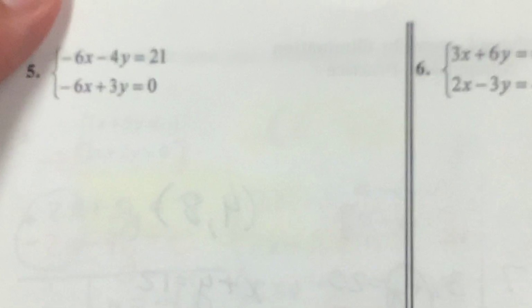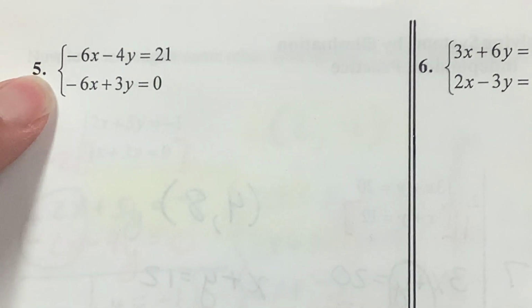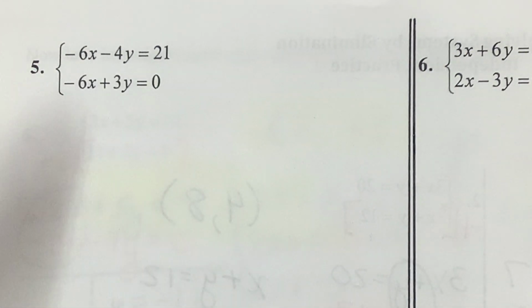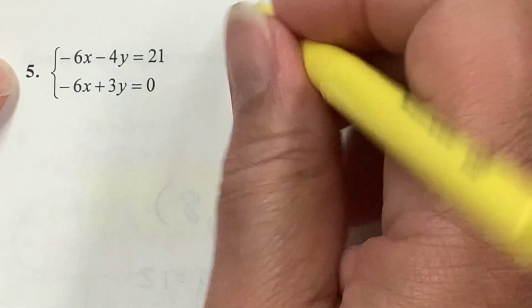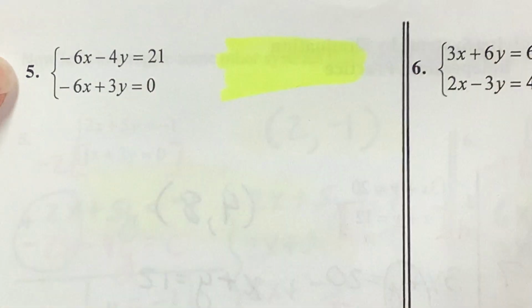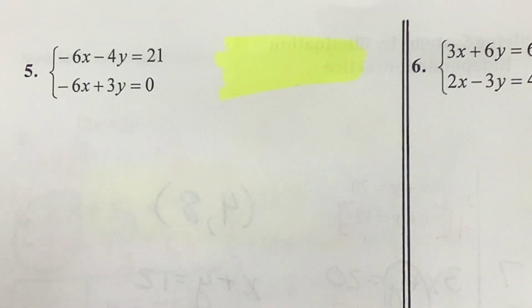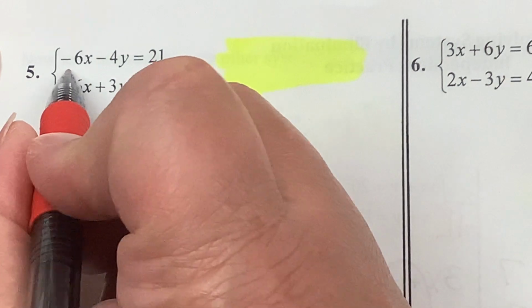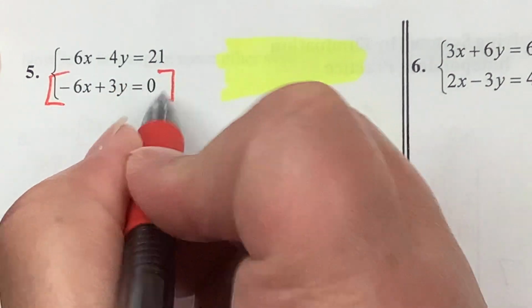Look at that. I know I have the same variables lined up. That's good. And the -6's are also lined up. But I can eliminate the x if I multiply times -1. So let's multiply this one times -1.